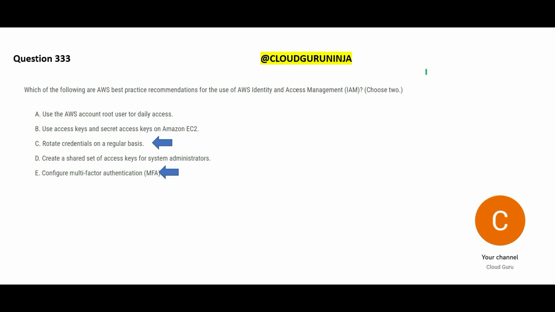Now as you see, common sense, certain best practices will be applicable for many years or a long amount of time, because just like rotating credentials on regular basis, till the time credentials are there, it will be applicable. But in future, if that gets replaced by something else, then probably this may not be applicable.